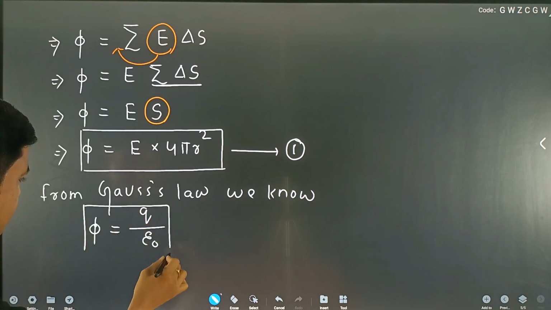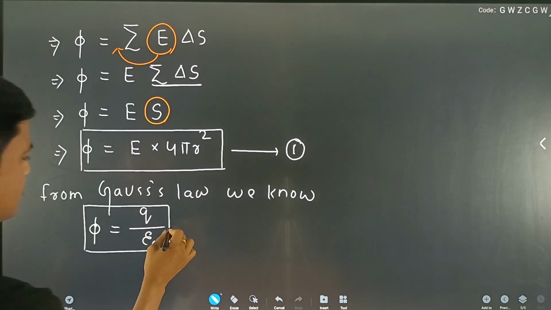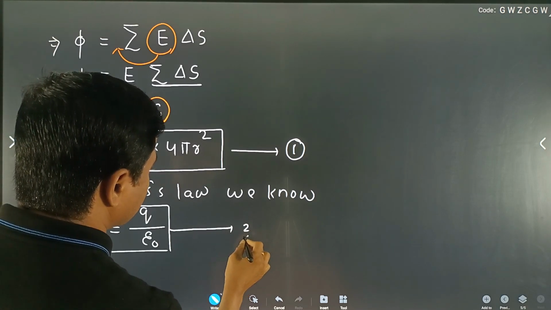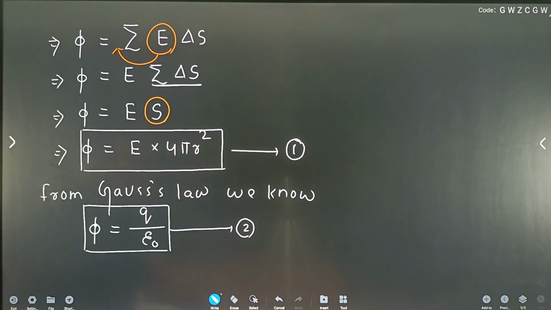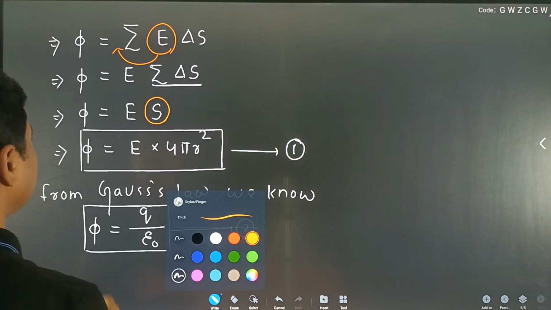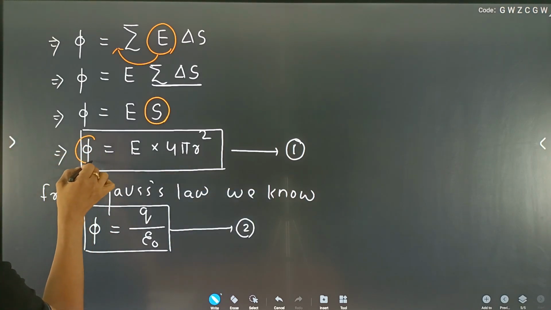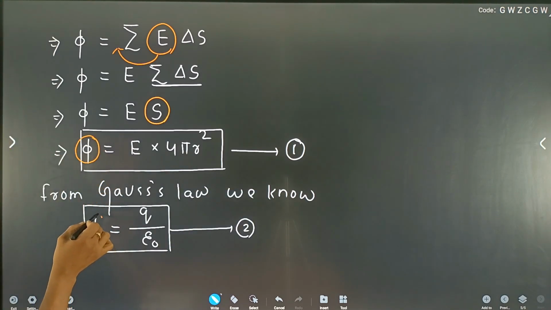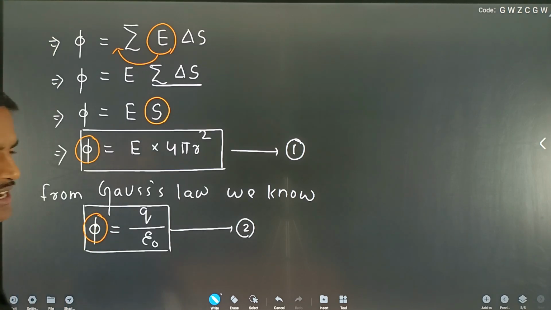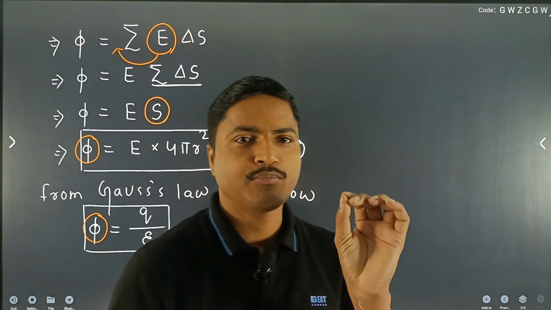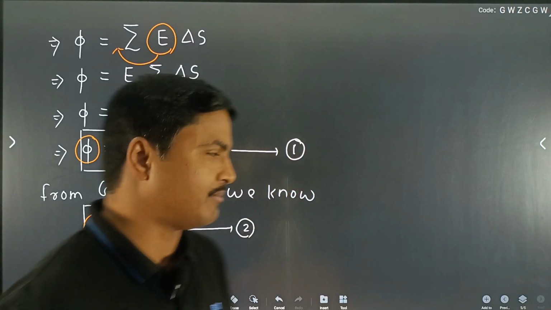This is the statement, or mathematical expression, of Gauss law. Suppose this is equation number 2. And if we compare equations 1 and 2, in equation 1 the left hand side is phi, and in equation 2 the left hand side is also phi. So both the equations are the same.